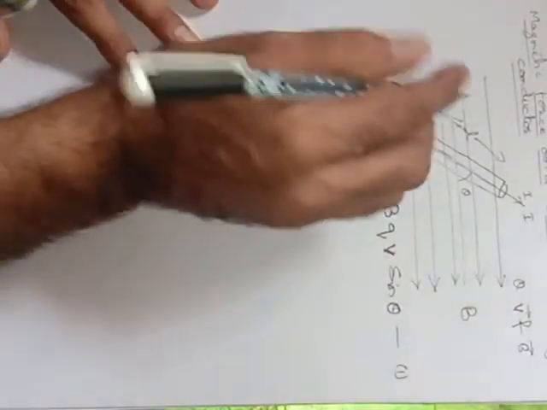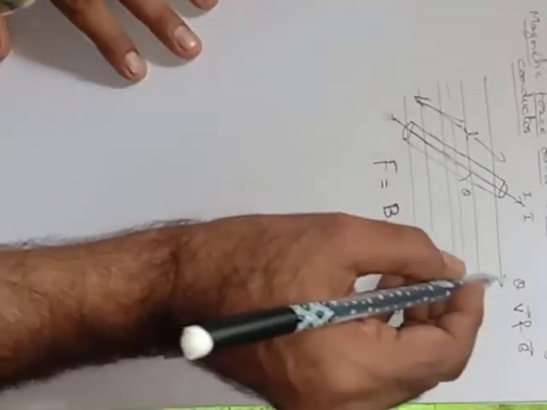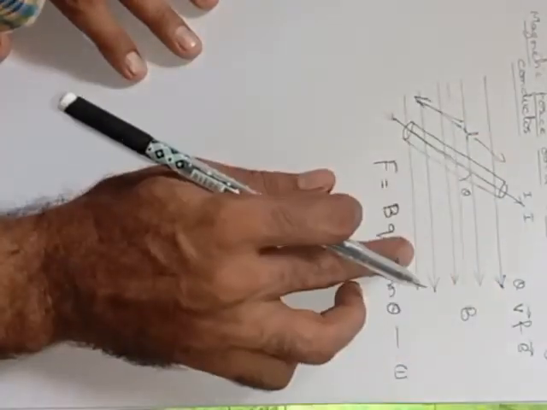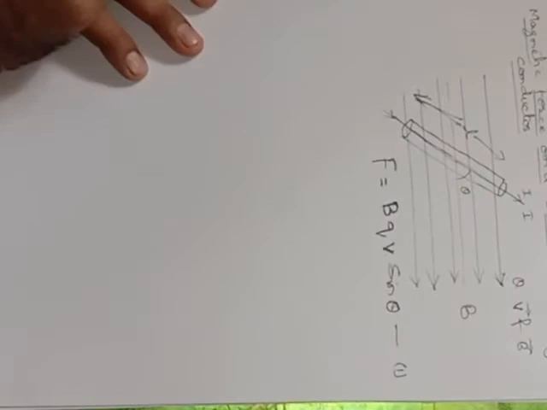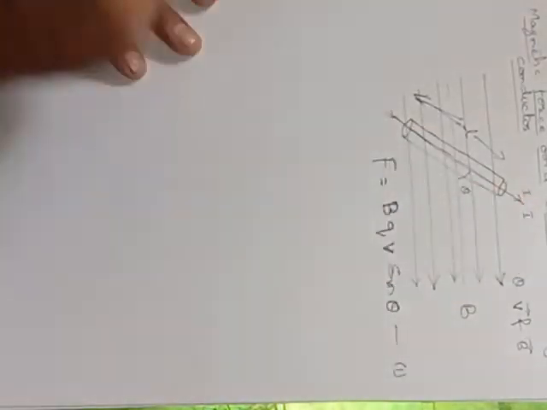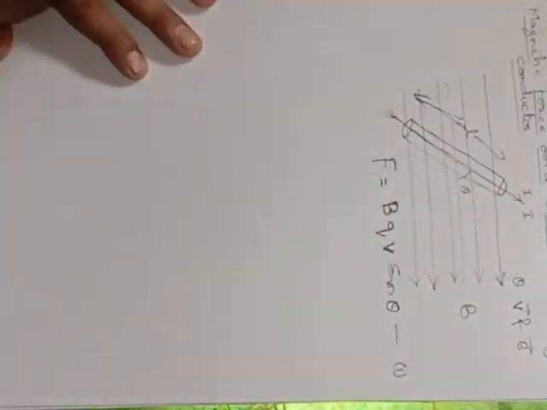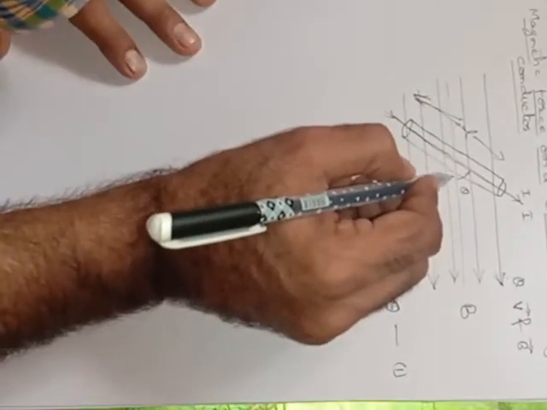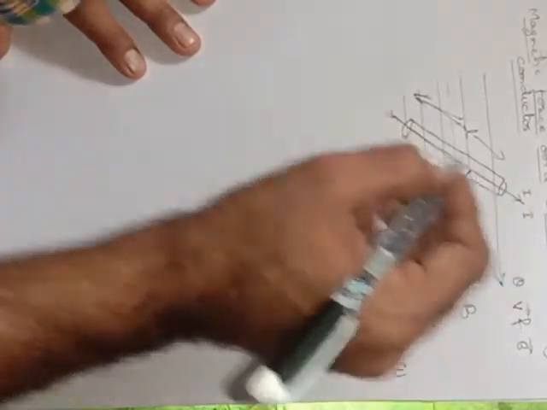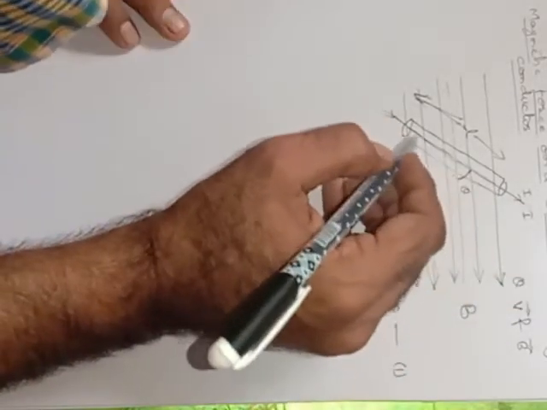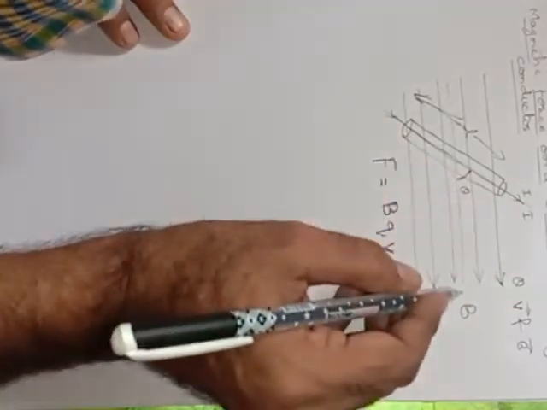We will consider that there is a uniform magnetic field given by this line. In this uniform magnetic field, a wire is placed which is carrying a current I. The length of the wire is L, and the current is I. It makes an angle theta with the magnetic field; the electrons which are flowing make an angle theta with the magnetic field.